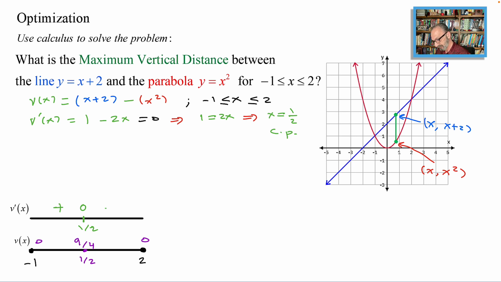So that's a negative, which means the graph is increasing, then decreasing, and that gives us a maximum at 1/2.